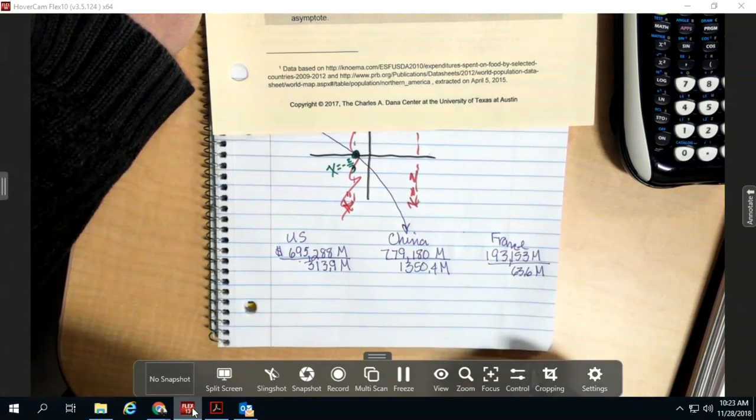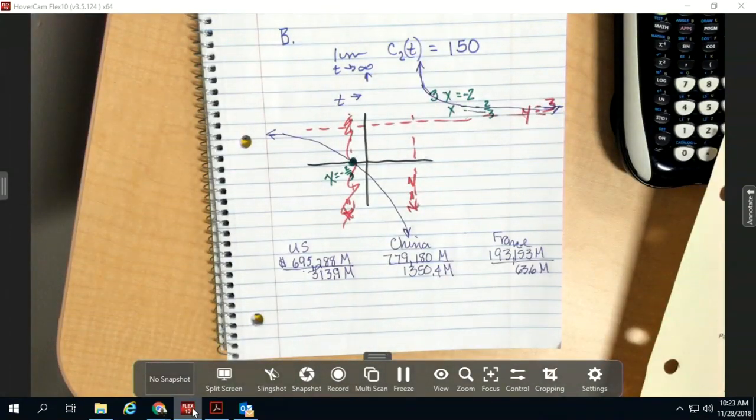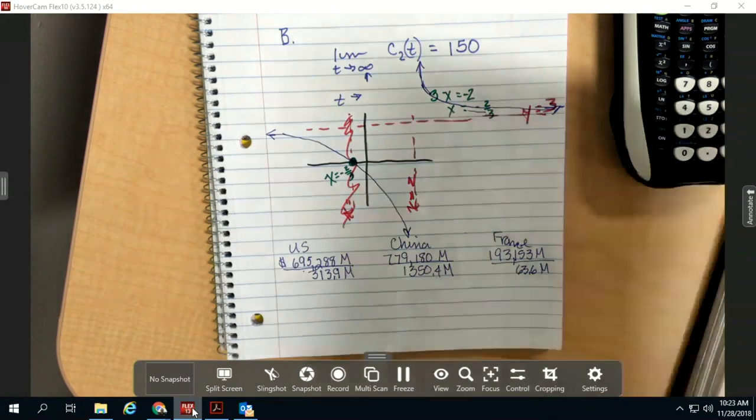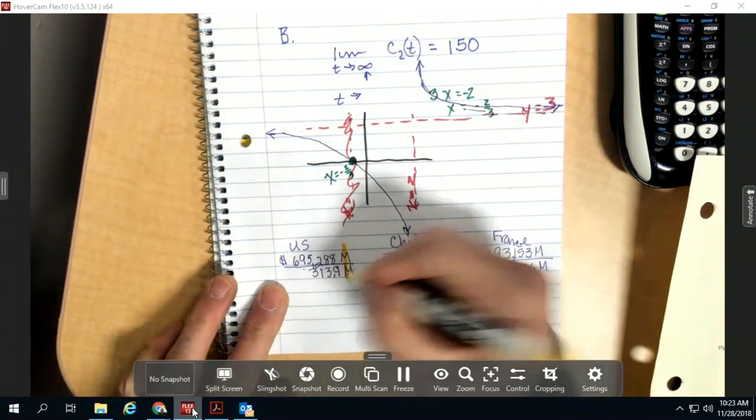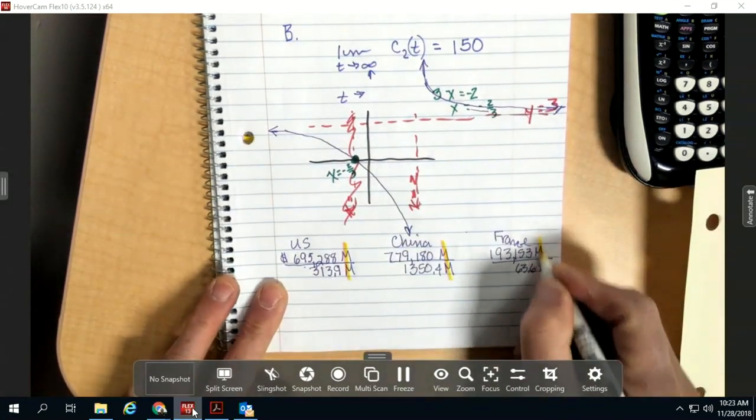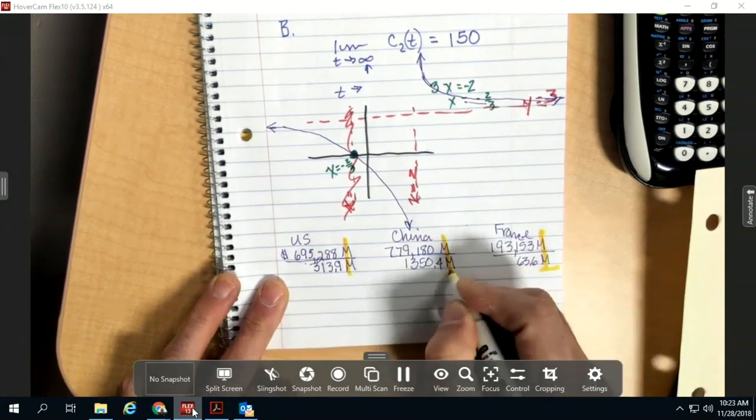Now, the reason why they wrote those as 695,000 million is because they wanted you to be able to cancel the millions so that you know what you can enter on your calculator. So the millions cancel here, the millions cancel here, and the millions cancel here.